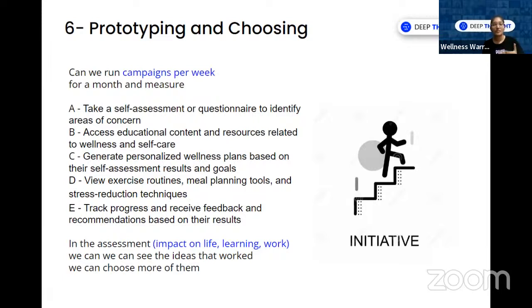They are not eating proper meals and not exercising regularly. If they follow this process, we can track their progress and give feedback and recommendations based on the result. And it will definitely impact life, learning, and work.